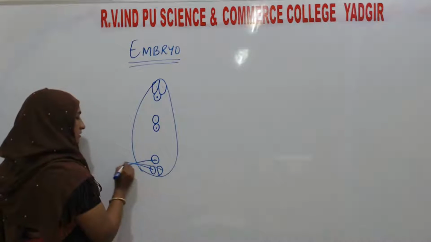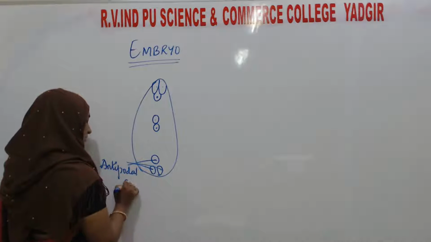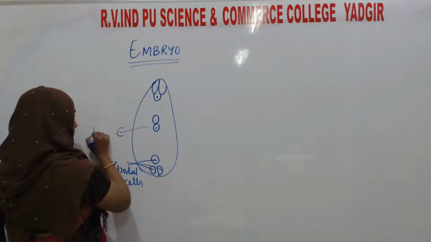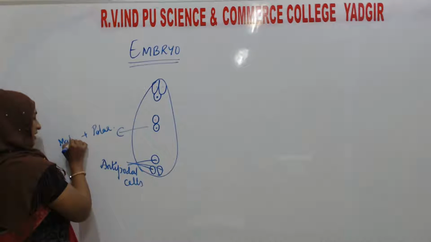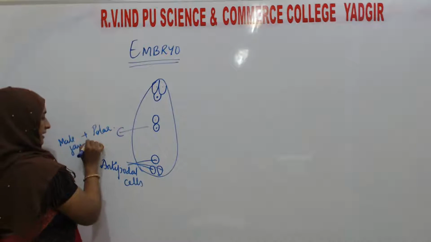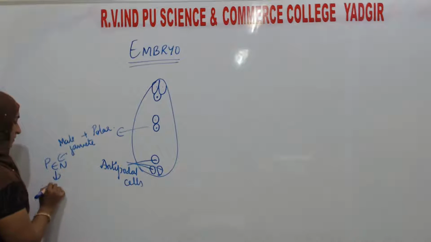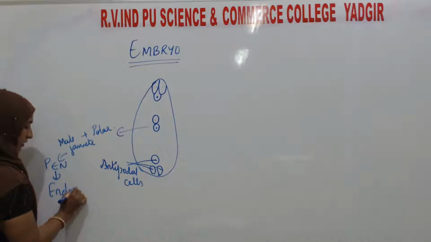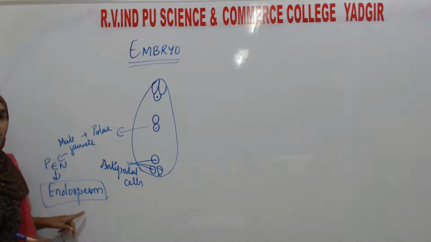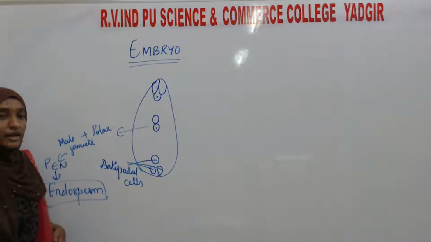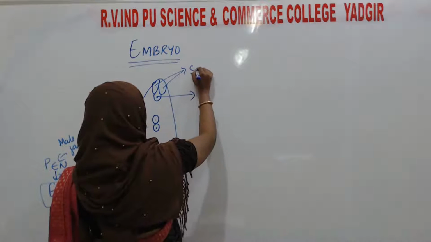The polar nuclei fuses with one male gamete and gives rise to the primary endosperm nucleus, which further develops into the endosperm, which is the nutritive tissue for the developing embryo.